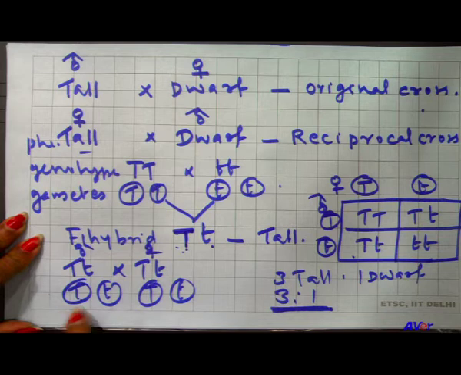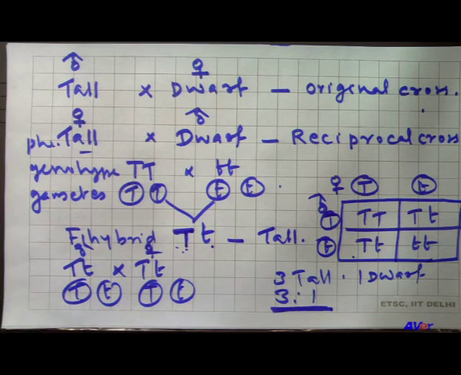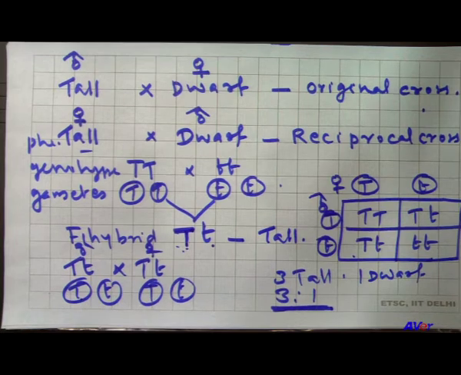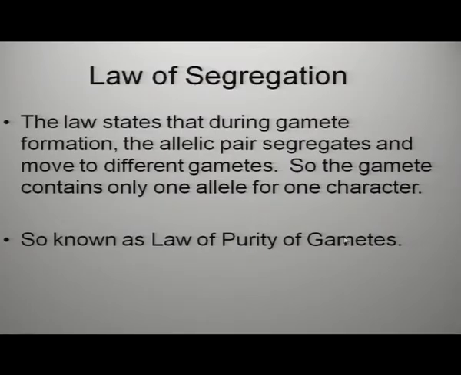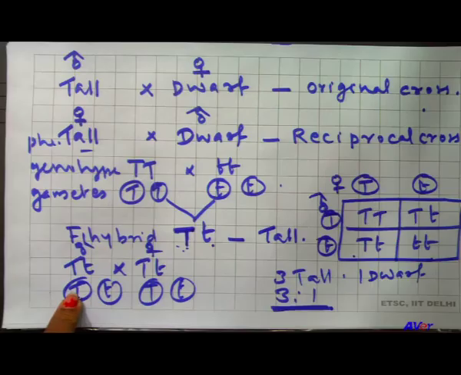Only one gamete contains only a single allele for a particular trait. So, the gametes are pure here, either showing the dominant allele or the recessive allele. This particular law is known as the law of segregation or the law of purity of gametes, because the gametes are pure here, either dominant or possessing a recessive allele.